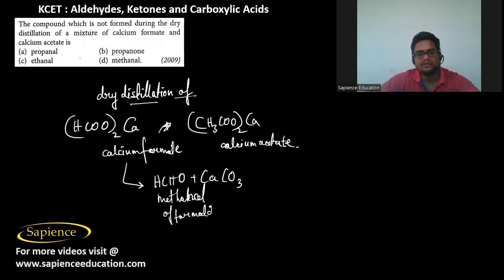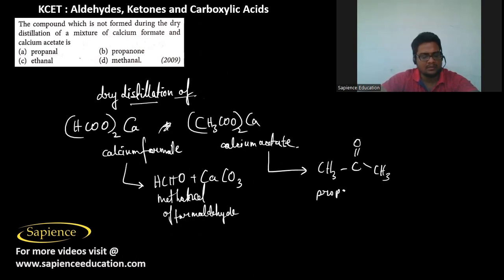Formaldehyde it will form. And by the dry distillation of calcium acetate, it will form CH3COCH3, which is propanol.